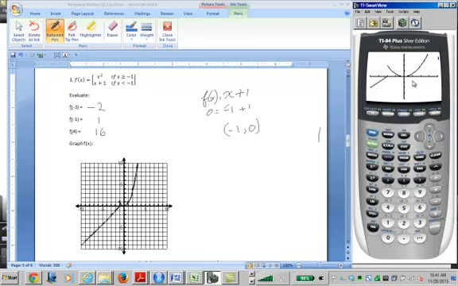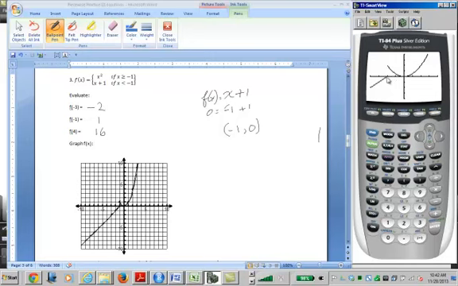All right. So here's x squared ending at negative 1, including negative 1. Okay, so we have this point here, it does exist. Negative 1, comma 1.